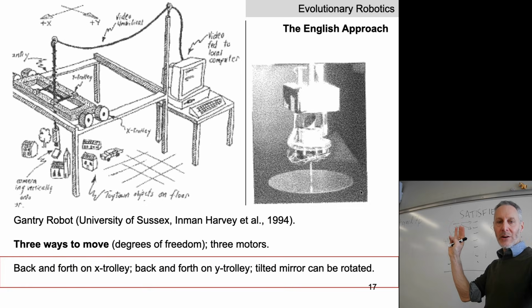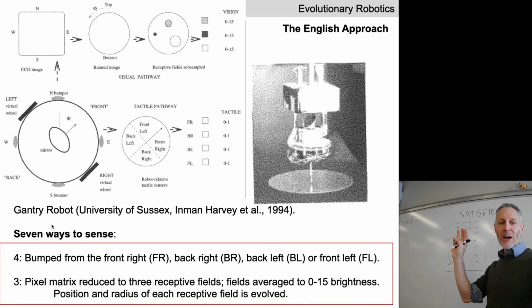We've got 3 motors. We need some sensors for our robot. It turns out that the gantry robot has 7 sensors. 7 sensors, 3 motors. What are the 7 sensors? Well, they put a little plastic disc underneath the motor that rotates the dental mirror, and there's a little touch sensor underneath here that you can't see. So whenever this plastic disc gets bumped by a toy in Toy Town, it'll bend or deflect the underlying disc. They took the raw numbers arriving at the touch sensors and turned them into 4 binary values.